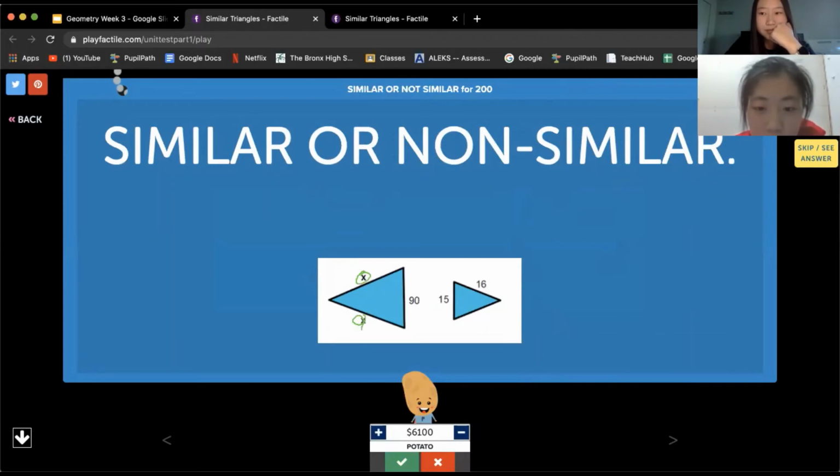So let's see the scale factors. 90 over 15 equals 6.